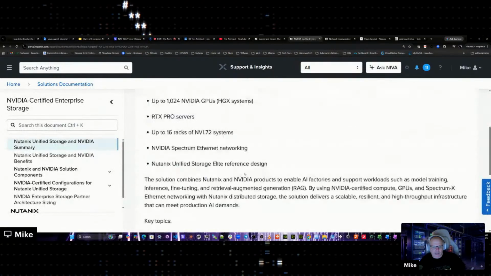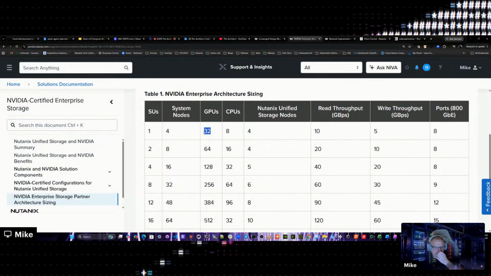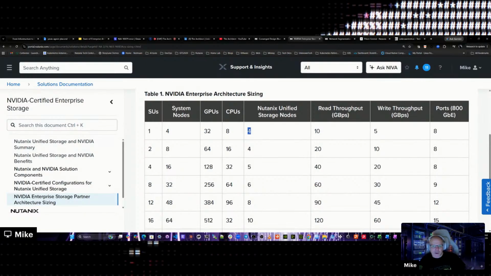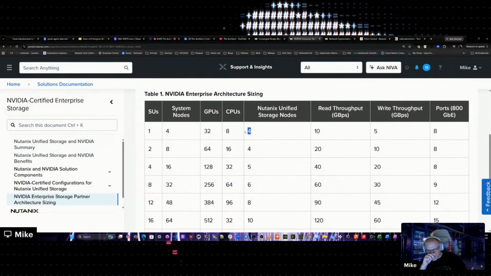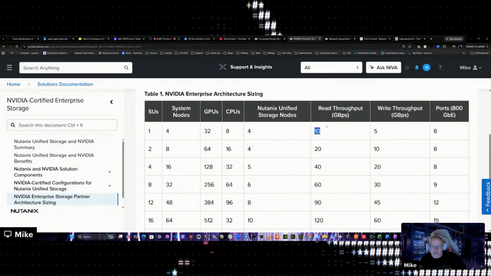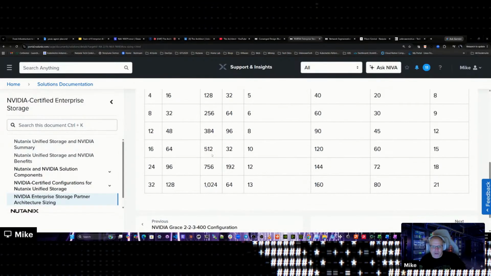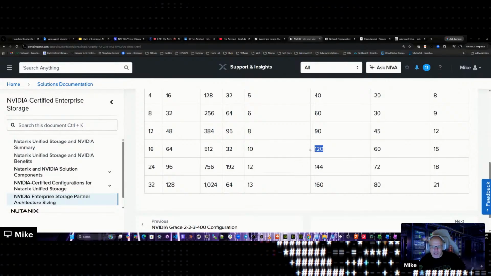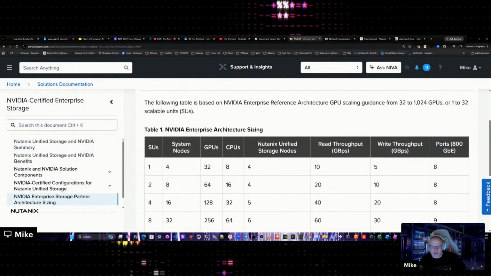So if you know you need to support 32 GPUs, or 64 GPUs, you would start at 4 Nutanix unified storage nodes, right? And that'll give you up to 10 gigabytes of throughput. But if you need to support 512 GPUs, we can still give you 120 gigabytes of throughput on 10 unified storage nodes.